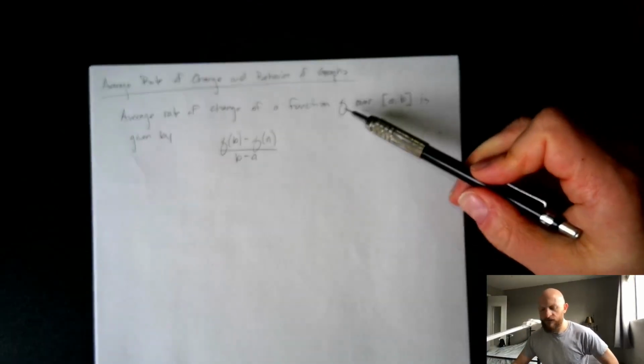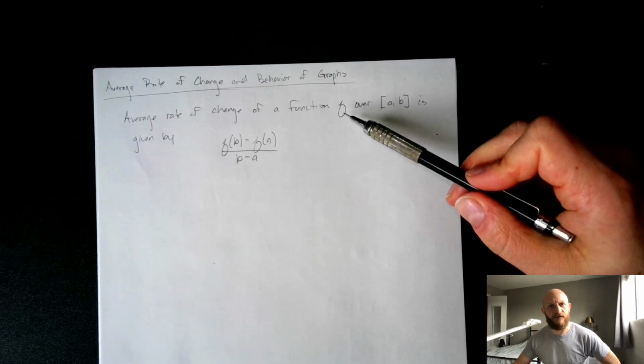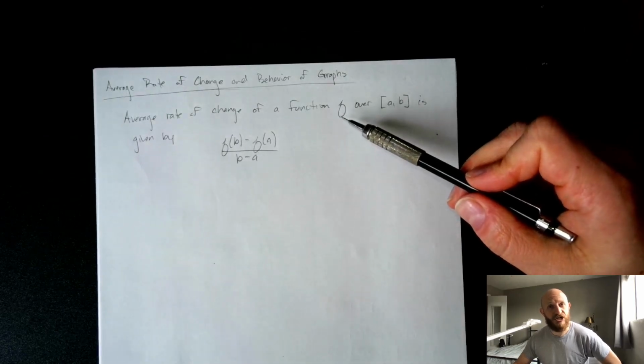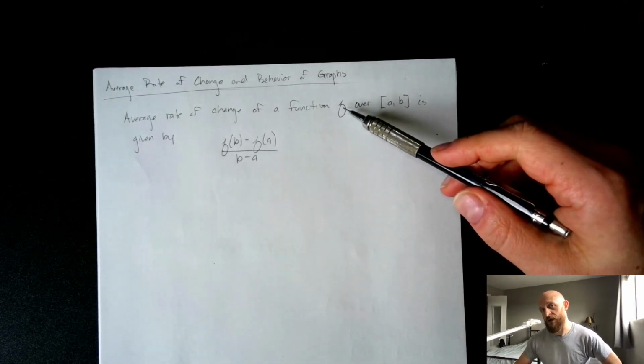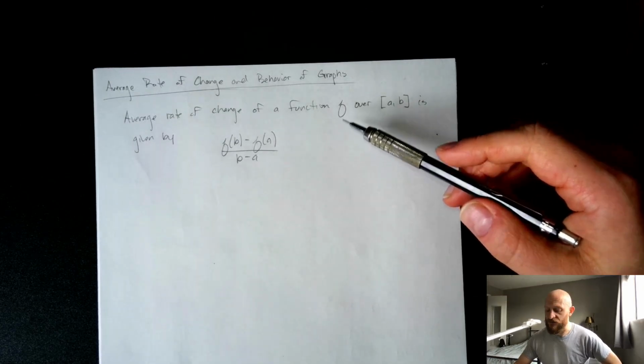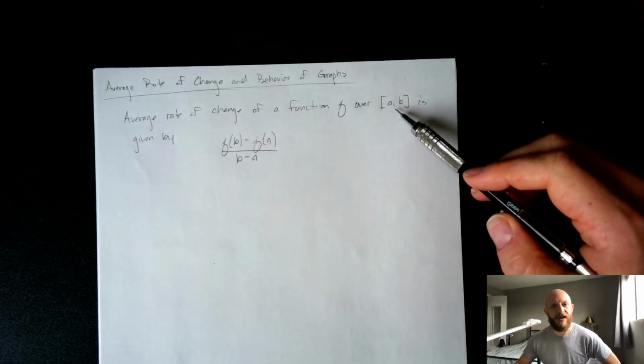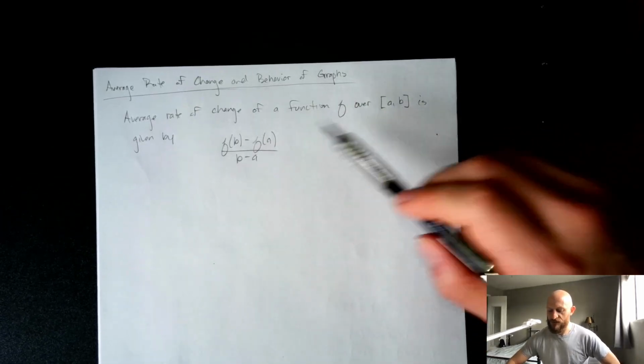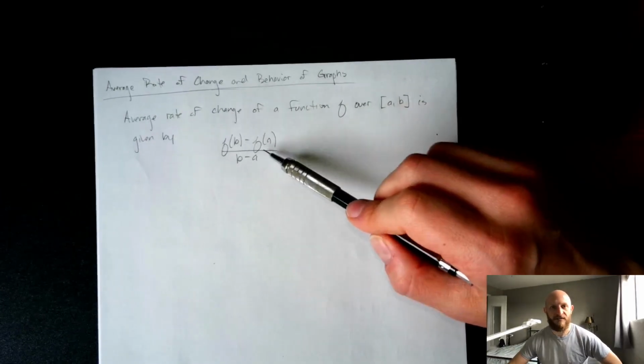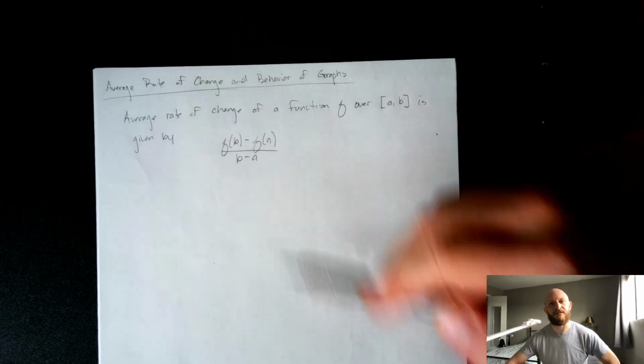So you're given some function f, however it's given to you, like the equation of the function. Maybe you're given a graph, maybe you're given a table of values, and you're asked to find the average rate of change over some interval from a to b. So that average rate of change is f of b minus f of a divided by b minus a.